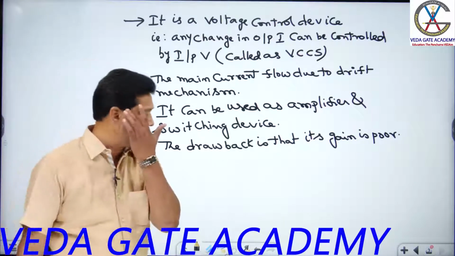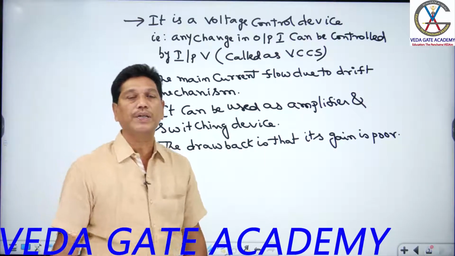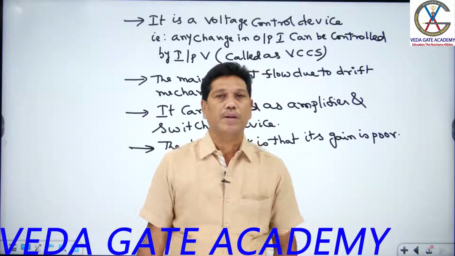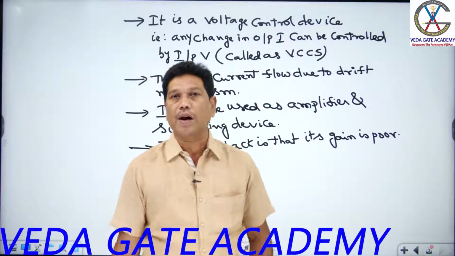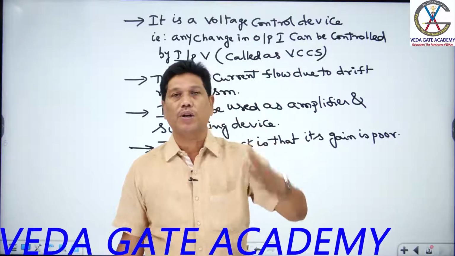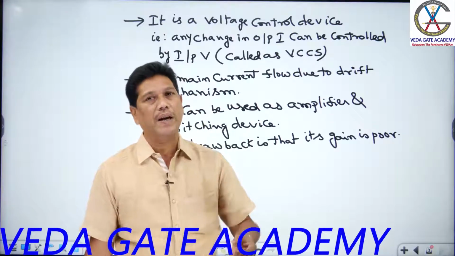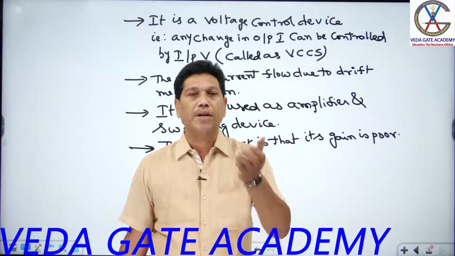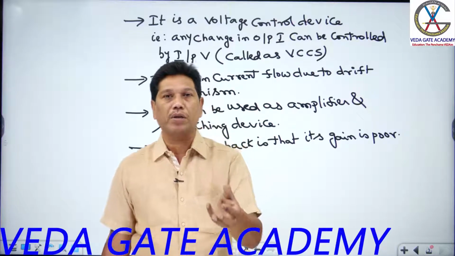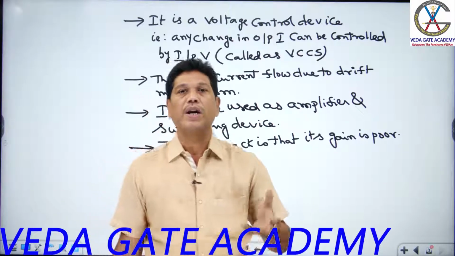And as compared to BJT, the input impedance of FET is high. Ideally the input impedance of this field effect transistor is infinite, because the input does not allow current ideally, but practically negligible current flows there. Based on that, the input impedance or input resistance of FET is very high, about 100 mega ohm, students.